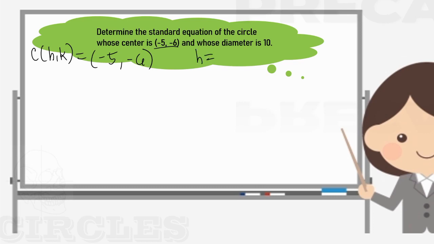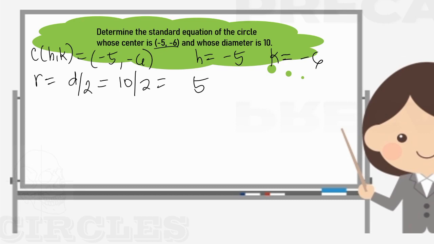Ang value ng H natin is negative 5, and value ng K is negative 6. Then, yung radius natin, so may given na diameter, d over 2 is equal to 10 divided by 2 is equal to 5. Pareho siya naman.